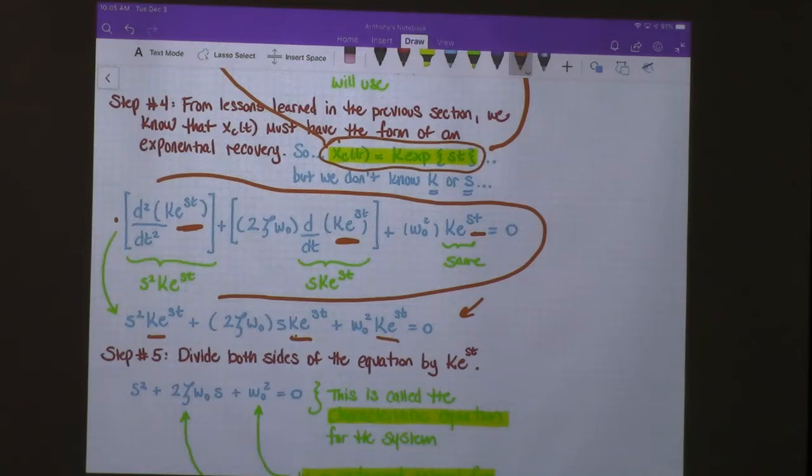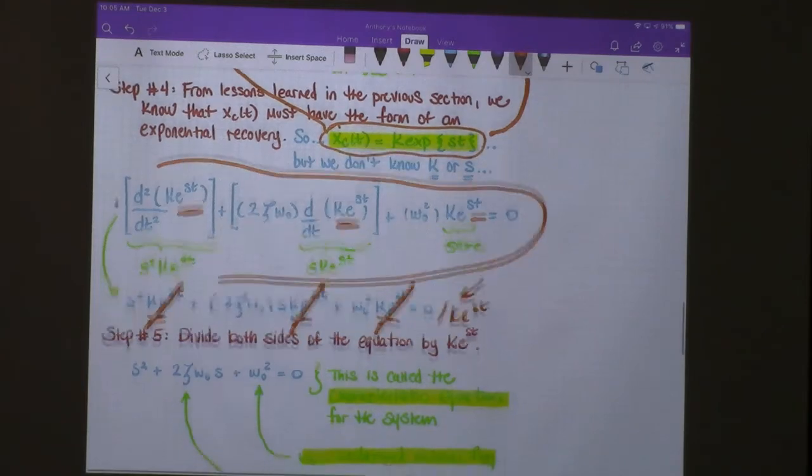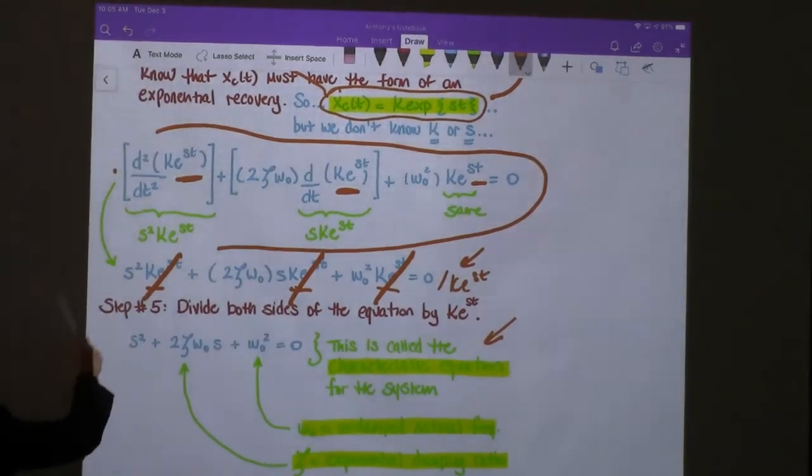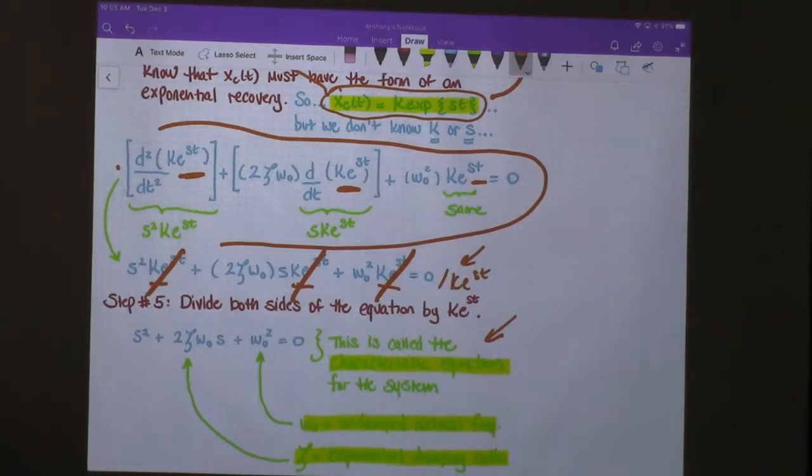So if I wanted to, I could just divide by K e to the st, and it would get rid of that, it would get rid of that, and it would get rid of that. They would all go away. And what we would be left with is this equation right here. So this is a form of this without the K e to the st's.